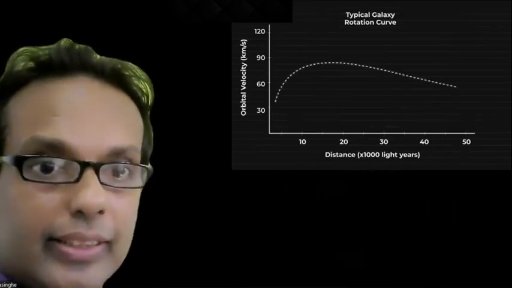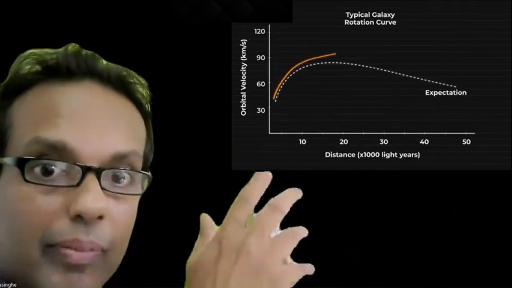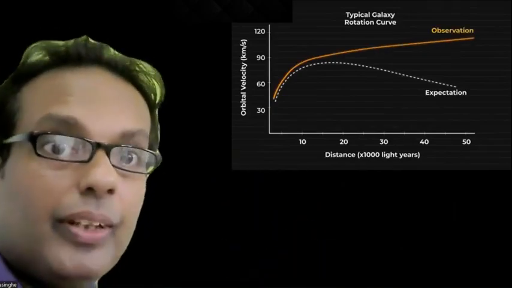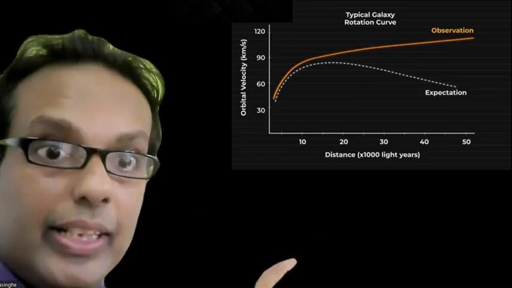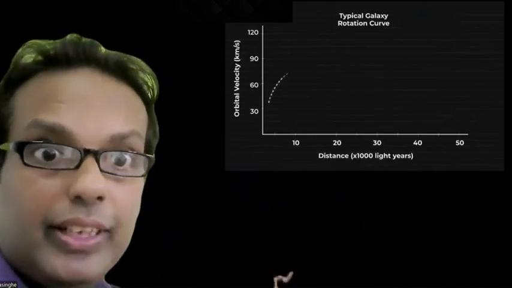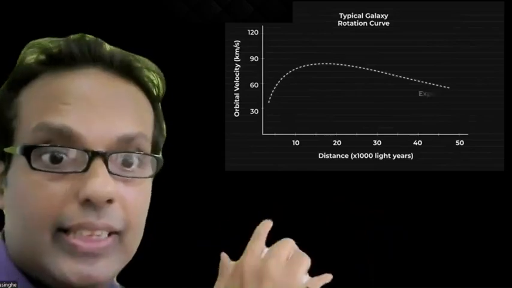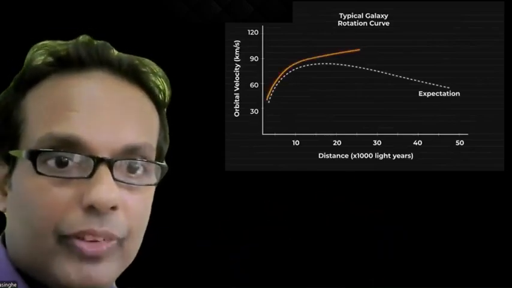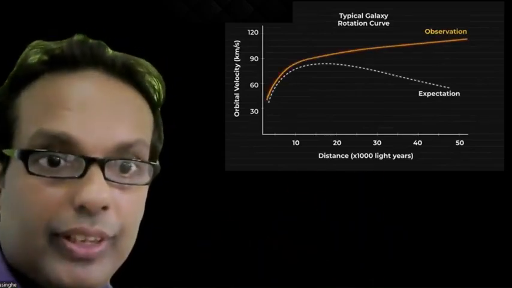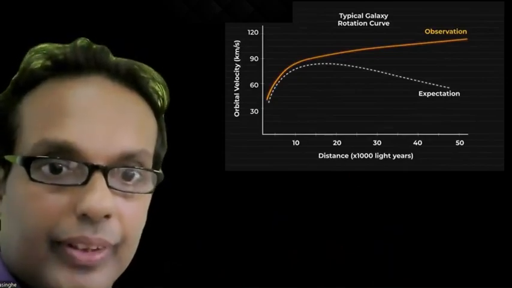It's actually increasing. So there should be some unknown kind of matter inside the galaxy exerting gravitational forces on these stars. This gives evidence for the existence of dark matter, or indirect observation of dark matter. This is what it looked like.